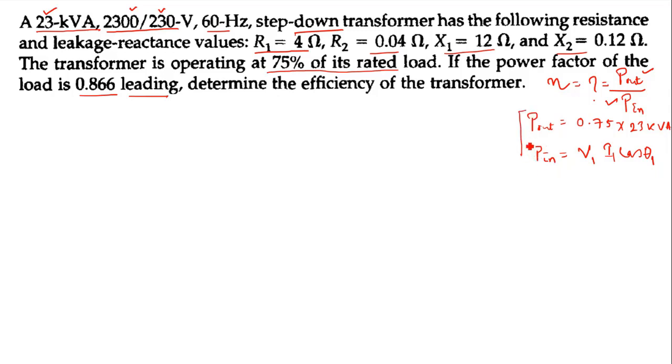After finding the input power, you can find the efficiency. To calculate the input power, we need to know V1, I1, and theta 1. V1 we know, that is 2300, right? And we need to find I1 and theta 1.